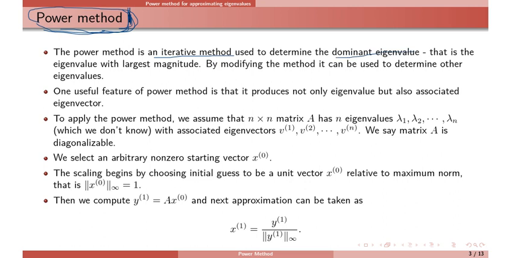Dominant means the largest eigenvalue in magnitude. For example, a matrix of order 3 has eigenvalues 1, 2, minus 4. Which is dominant? The largest is 4. So this method will pick the dominant, meaning the largest eigenvalue in magnitude.